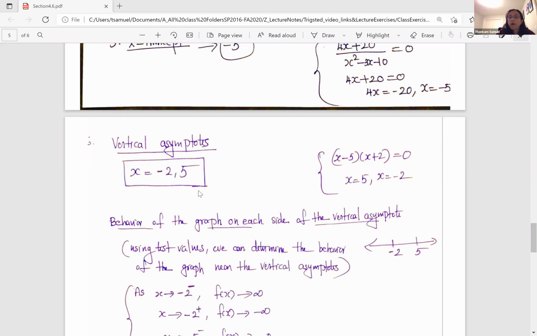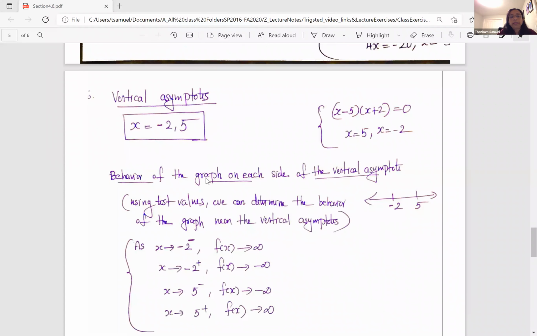Remember, always write the vertical asymptotes in terms of an equation because it is a line. If you write negative 2 or 5, then you will not get any points. So it should be a line: x equals negative 2 and x equals 5. This is very important.